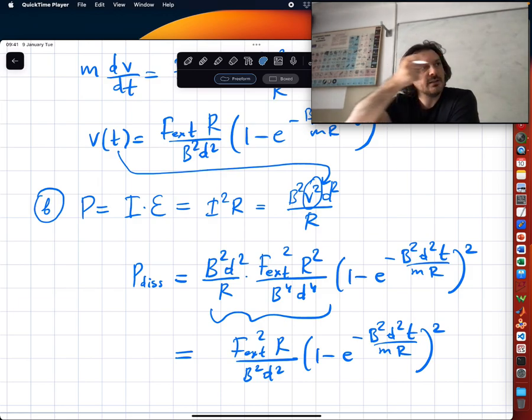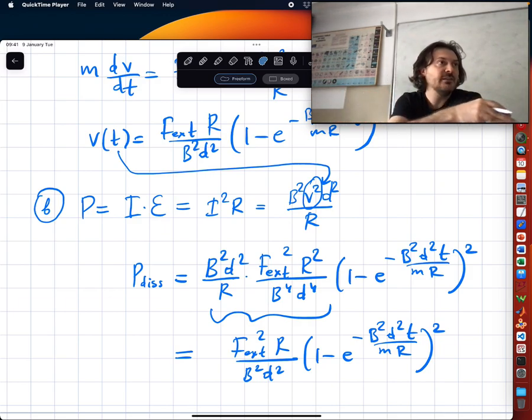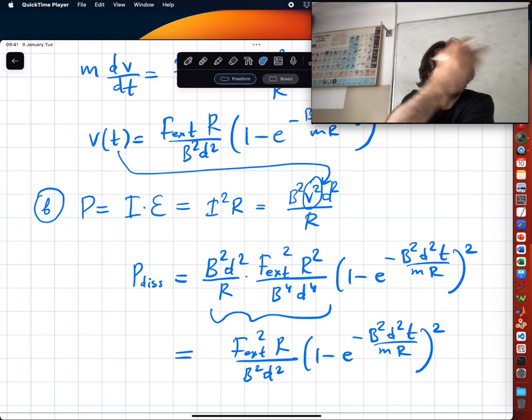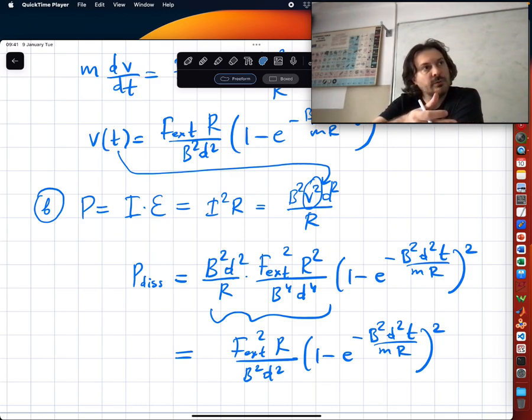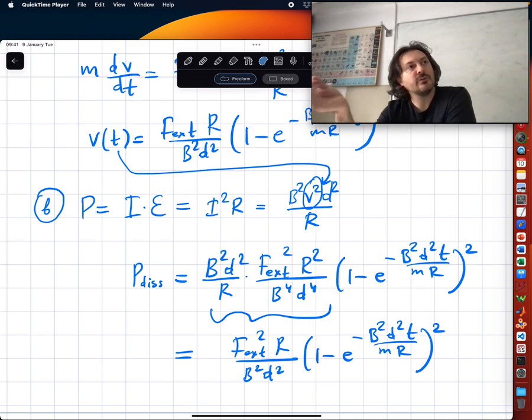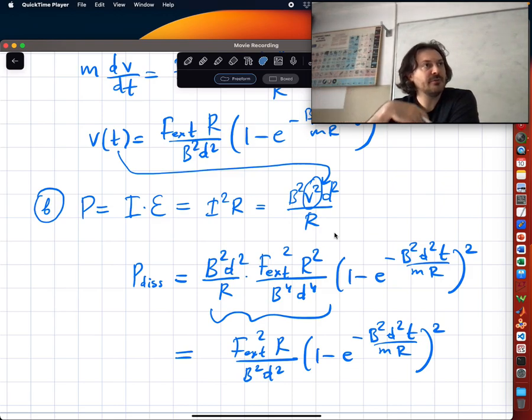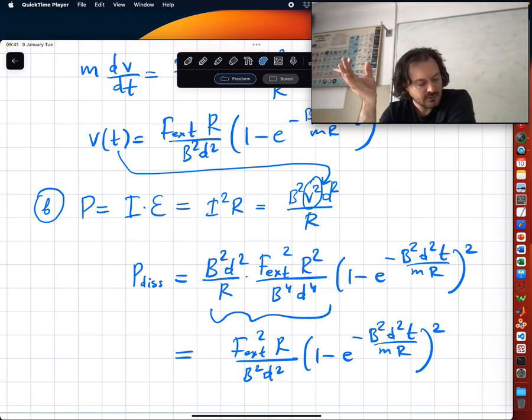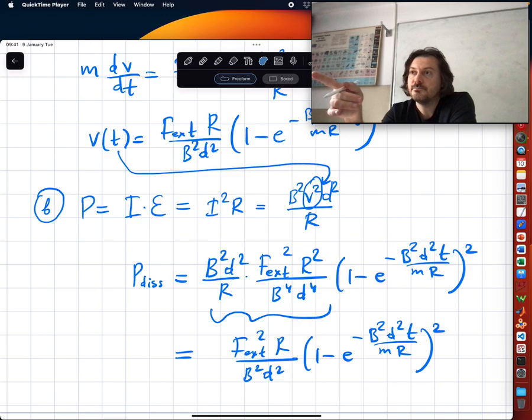So you are pulling it, okay? Not all of your pulling accelerates the object. Some of it is lost to heat. Not all of your mechanical energy turns into the mechanical energy of the loop. Some of it is turned into heat. Yes, that's what I was asking.